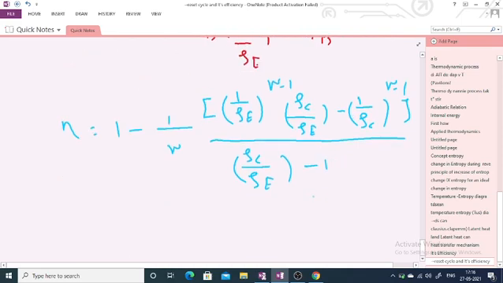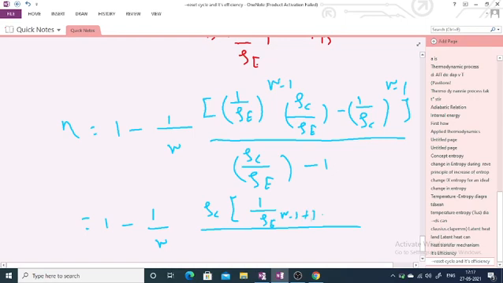Once again you have to take the common rho C from every term. So we get 1 minus 1 upon gamma. So rho C is taken common. In the first term, the remaining is only 1 upon rho E raised to gamma minus 1, minus, rho C being taken common, 1 upon rho C raised to only gamma.